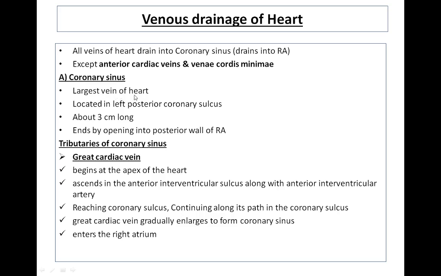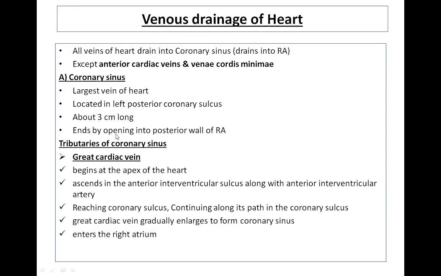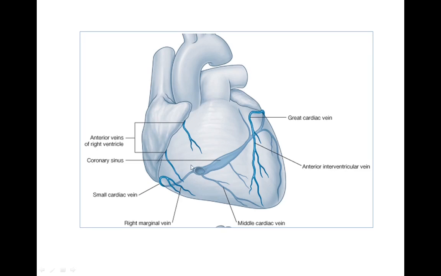Its length is around 3 centimeters and it ends by opening into the posterior wall of the right atrium. It will go and open into the right atrium on the posterior aspect.